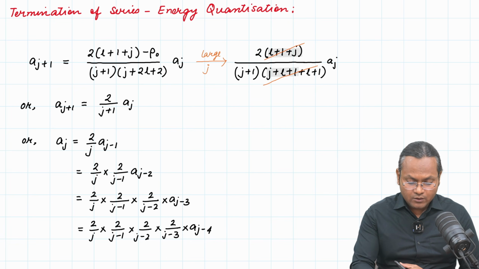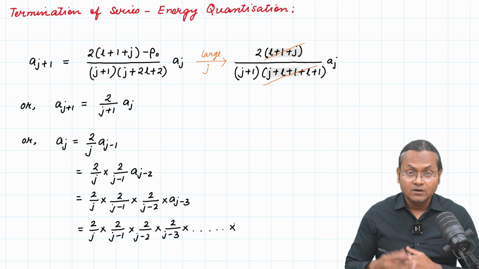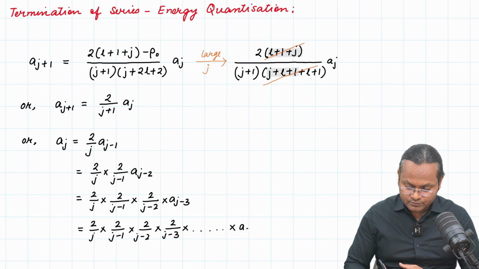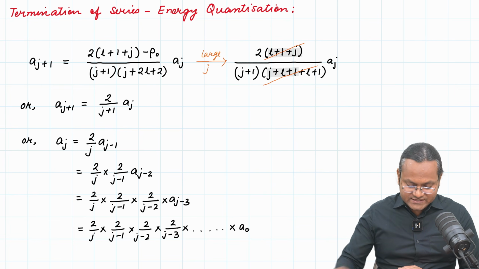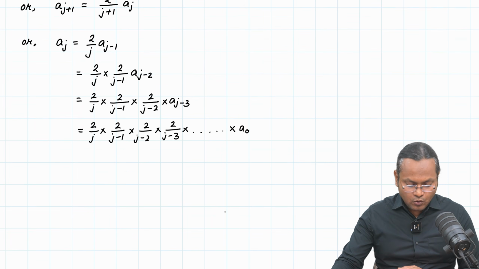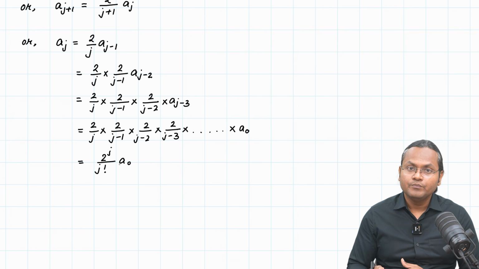And that way we can go all the way down to the lowest term, which is a naught, the first term in that series. So essentially, the coefficient of the jth term becomes 2 to the power j, and in the denominator you have j factorial, times a naught.